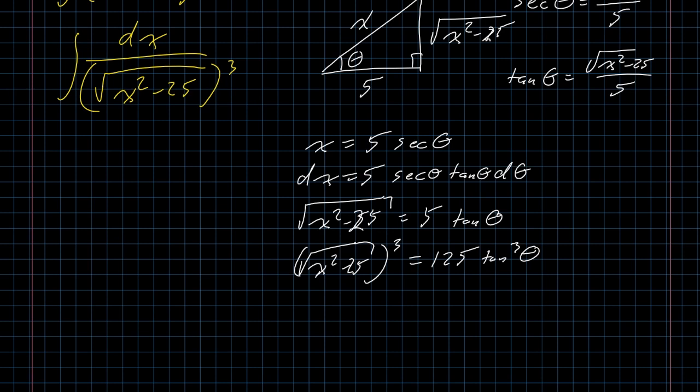I have 5 times secant theta times tangent theta d theta all over 125 times tangent cubed theta. And we're trying to integrate this. I've got some common factors of tangent that are going away.